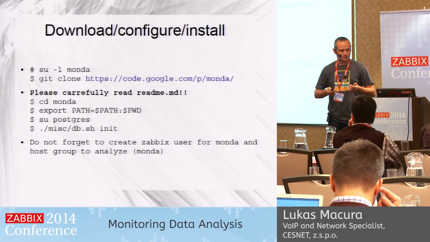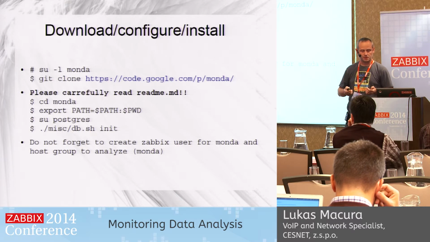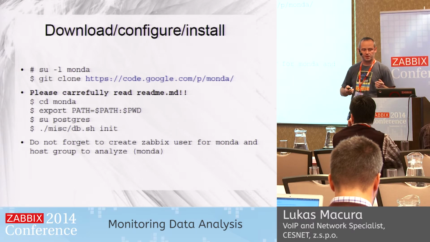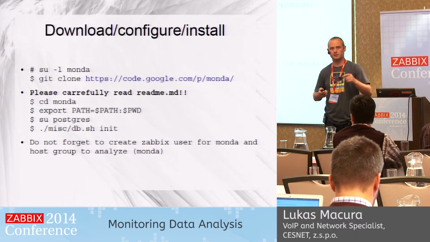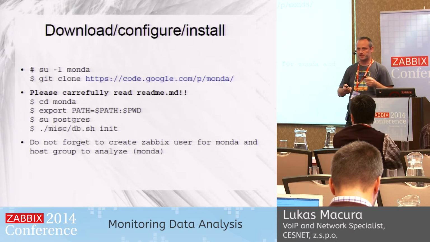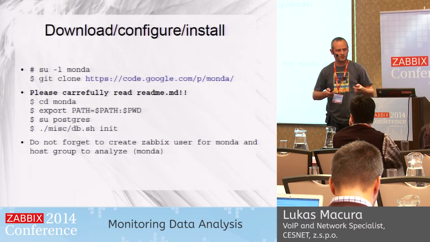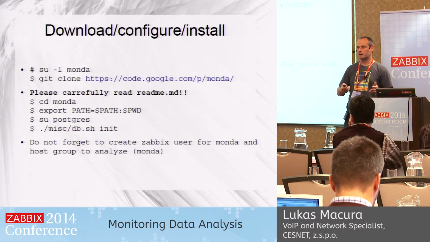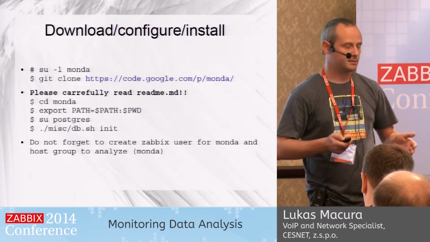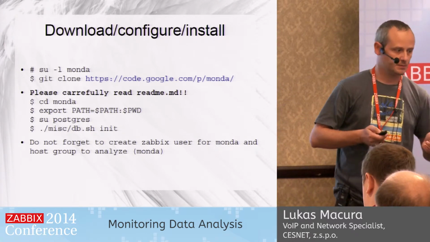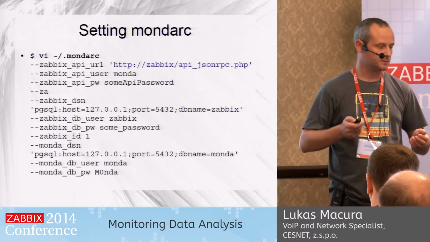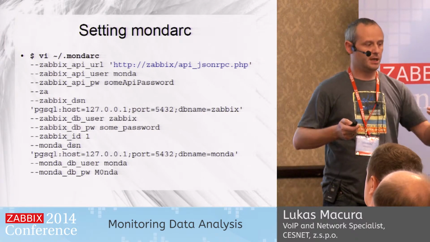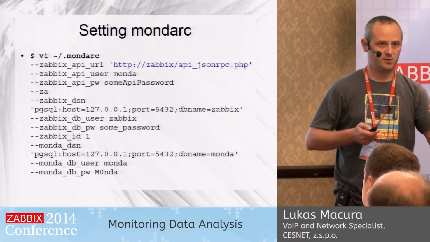I solved it by creating another instance of Postgres. This is the second thing. Even if it's theoretically possible that it will work on another database, I work on Postgres with Monda. So you see, Monda has to know the database password for Zabbix.